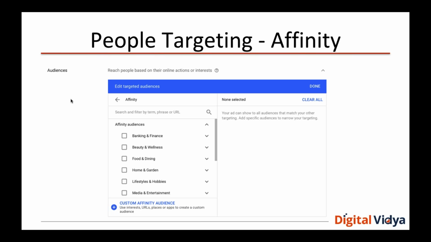When I gave that information and entered certain search terms related to tarot, the AdWords system, based on that information, created an audience group of a particular gender group, particular age group, and all these things, and that became my affinity audience. So if none of the affinity audiences really match your product or service, you can go ahead and create a custom affinity audience like that. Clear?